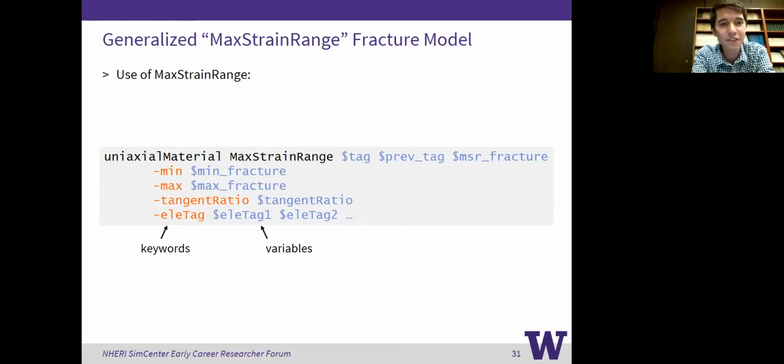So now the use of the maximum strain range material, as you see here, you'd be able to input the tag of the material, the tag of the previous material that you're wrapping, and then of course the maximum strain range limit at fracture. And then there's the options here for minimum and maximum strains or deformations, the tangent ratio that I talked about, and then the different elements that you want to be removed once fracture actually occurs.